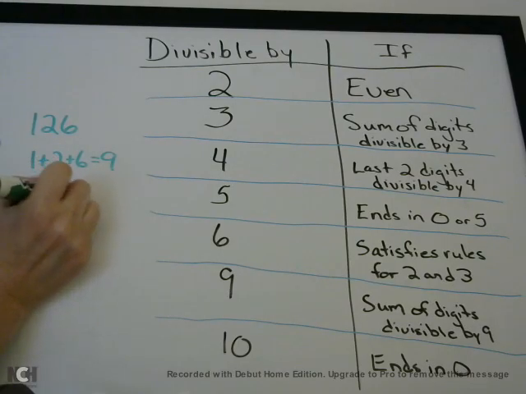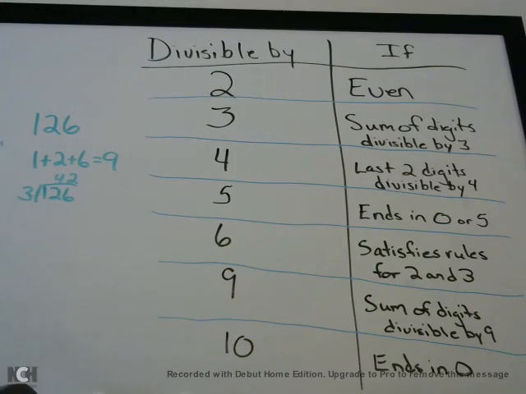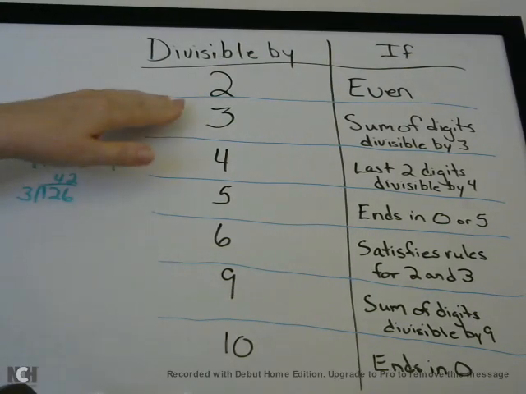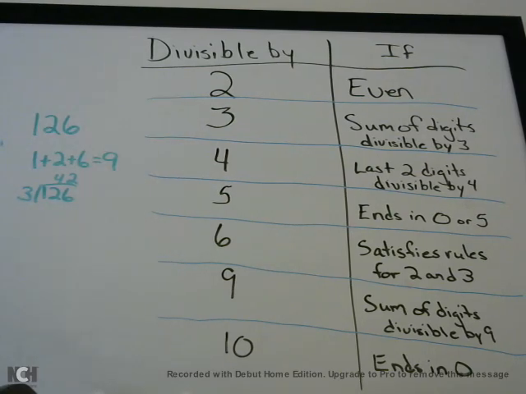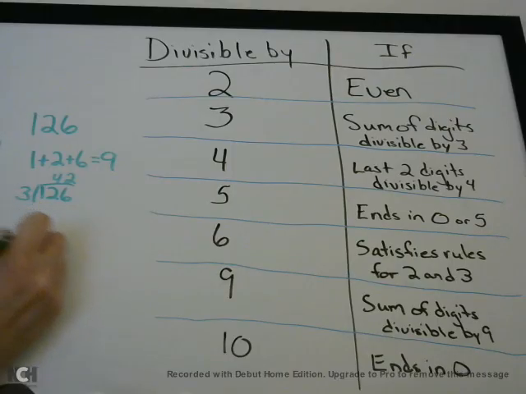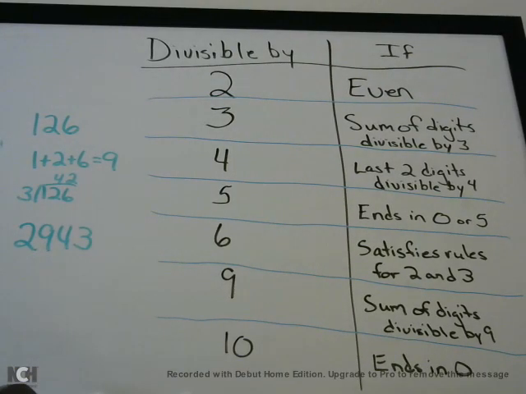If we actually do the division, we're going to get 42. But we don't have to do the division in order to just know the fact that we can divide it by 3. We'll take a number like 2,943.